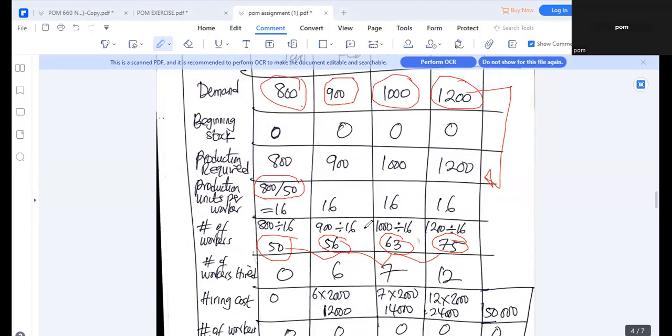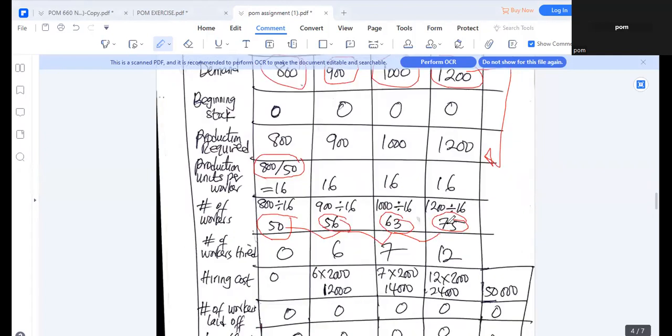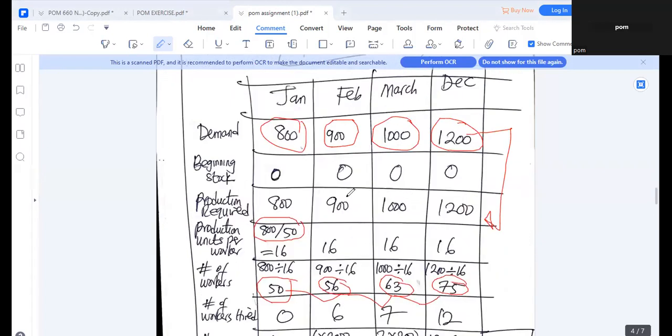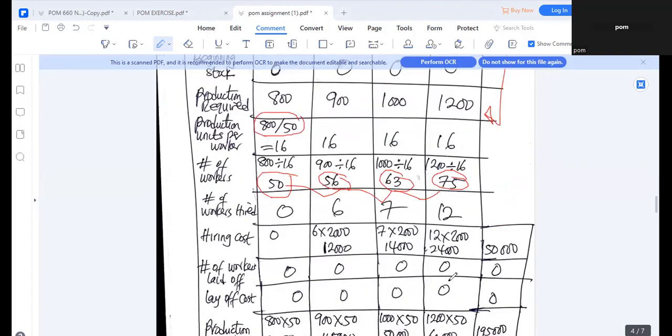We wouldn't fire any worker unless there was a decrease in the number of units demanded among these months. So multiplying by 2,000, the total hiring cost was $50,000.